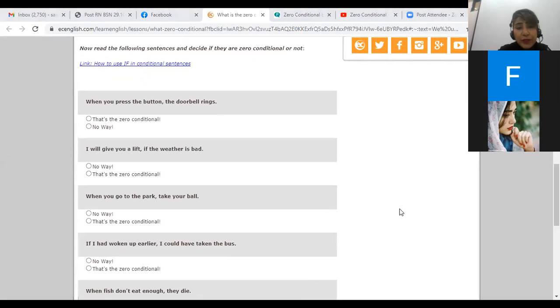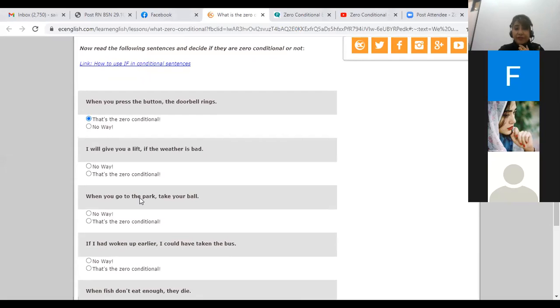So: when you press the button, the doorbell rings. Is it zero conditional? Yes, ma'am. Good. I will give you a lift if the weather is bad. Conditional type 1. No way. Very good. It is conditional type 1, so no way.